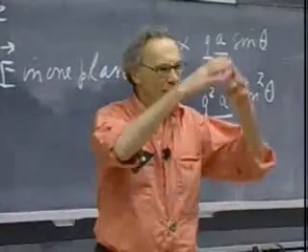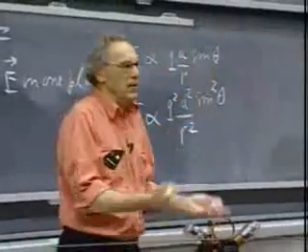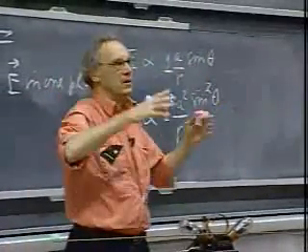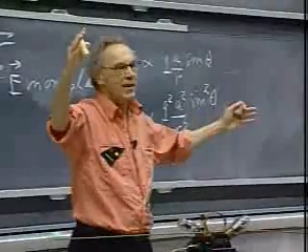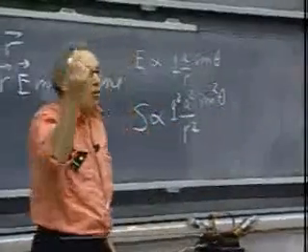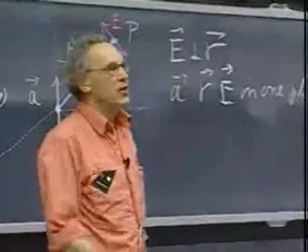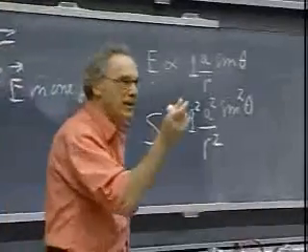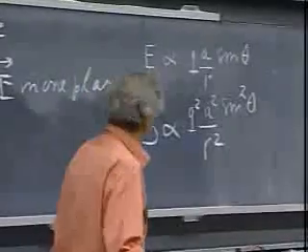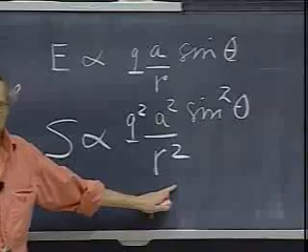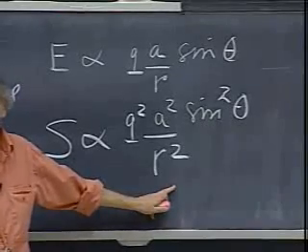Because if you have a sphere and radiation goes out, and you're twice as far away, then you know that the area of the sphere is 4 times larger. And so the amount of energy per square meter must be 4 times lower. So the Poynting vector must fall off as 1 over r squared. That's a conservation of energy.